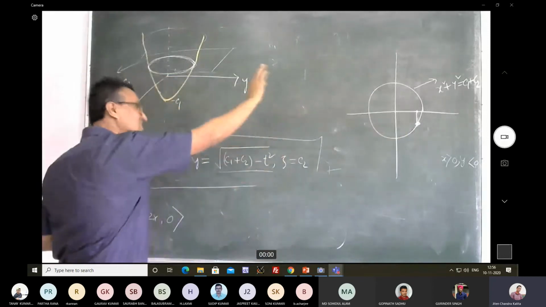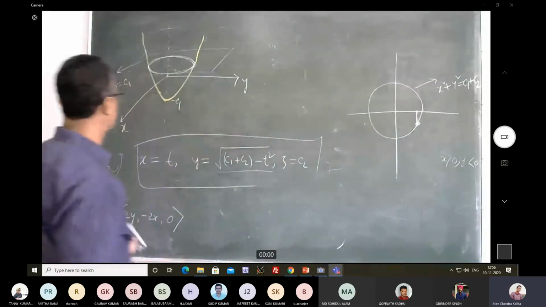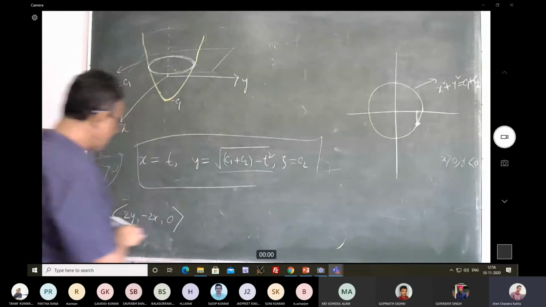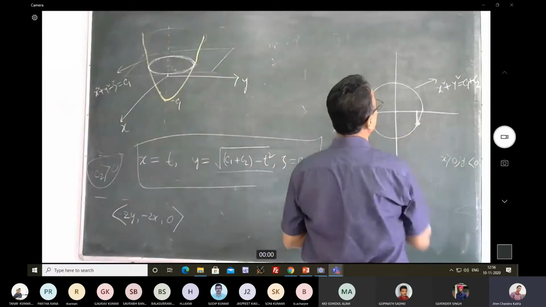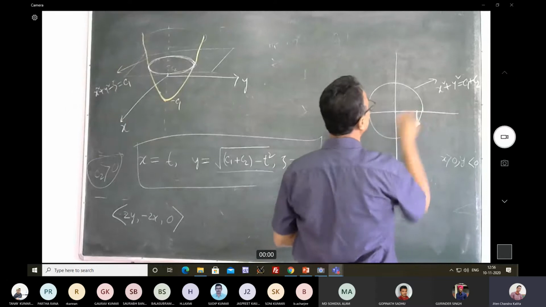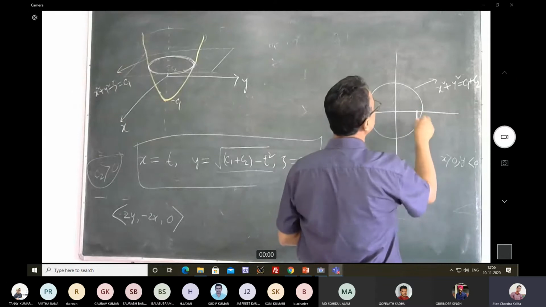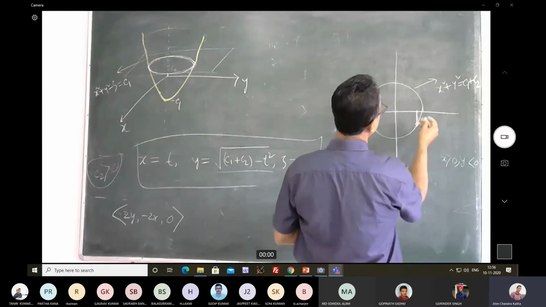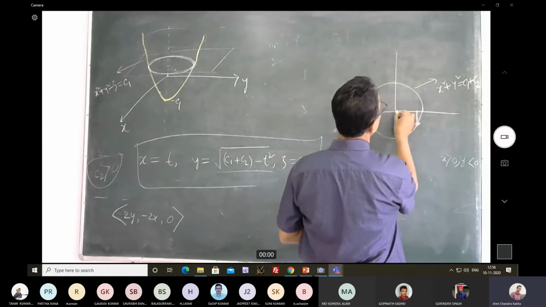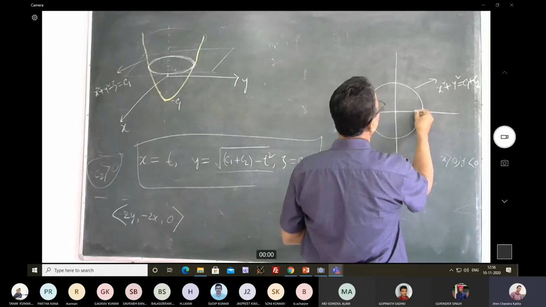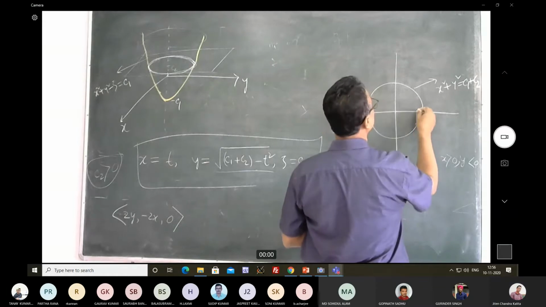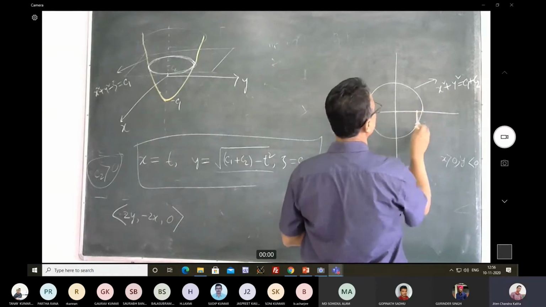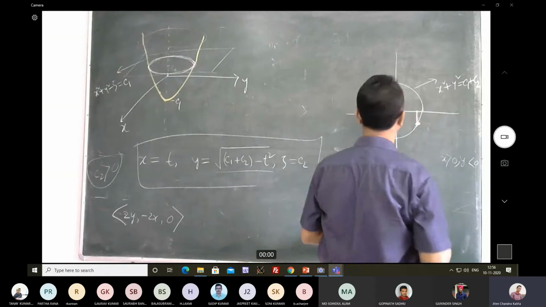So I'll just show you a demo of how the tangent vector is going to look. Firstly, this length is y. So what I'm going to do is take 2 units of this. I have to start at this point.